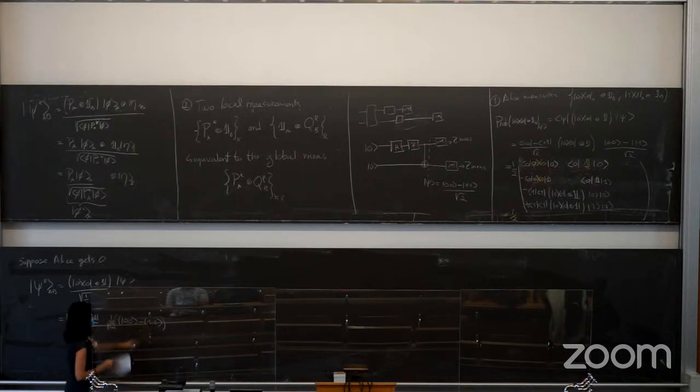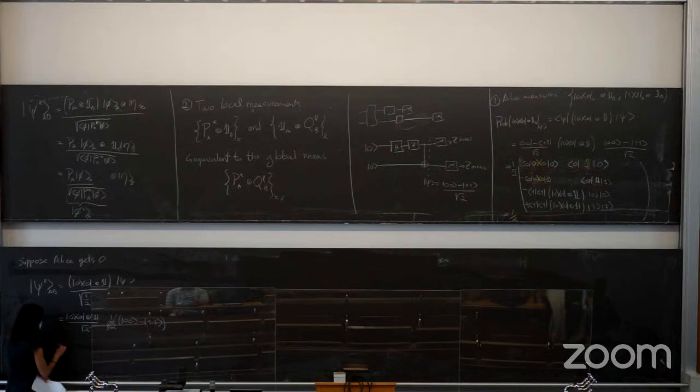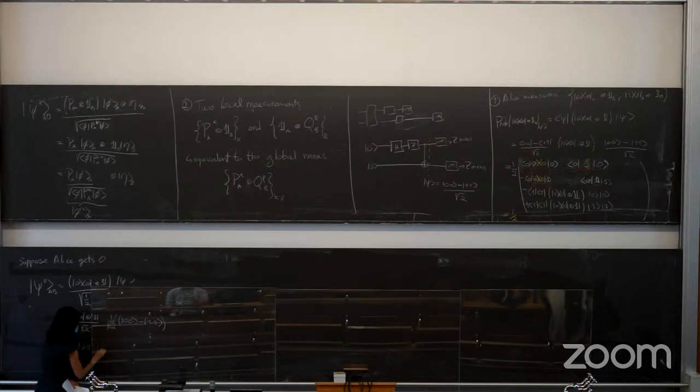So this is going to be 0, 0, tensor the identity, acting on the first term, 0. And again, it's useful to keep track of subsystems sometimes.